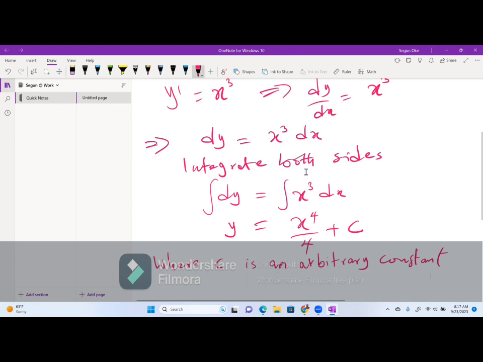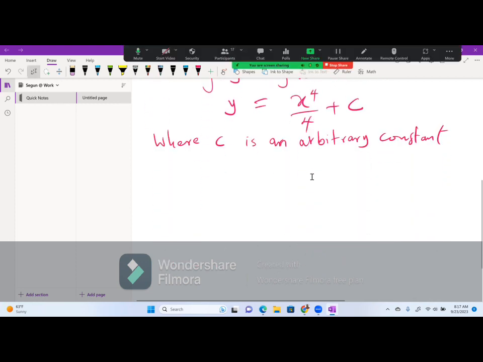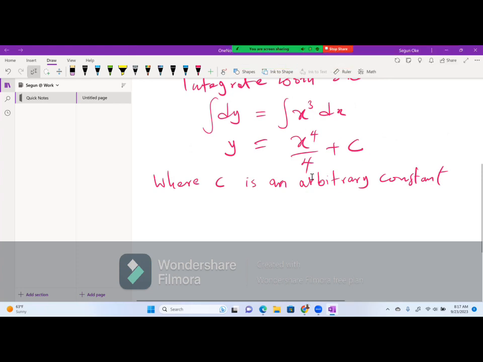Recall that differentiation is very simple. How do we integrate? Some of you will be asking, where do you get 4?